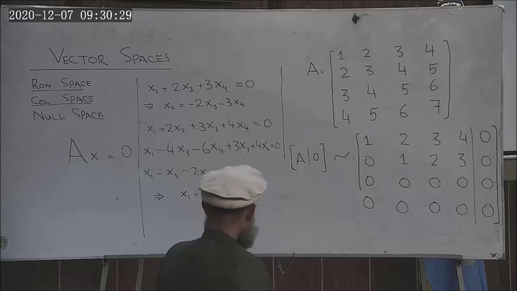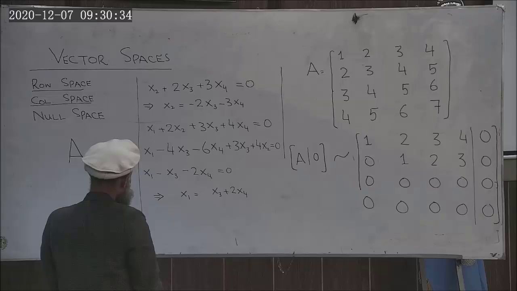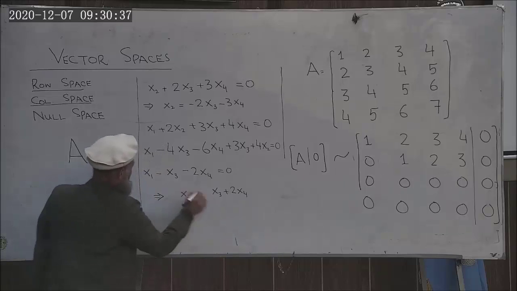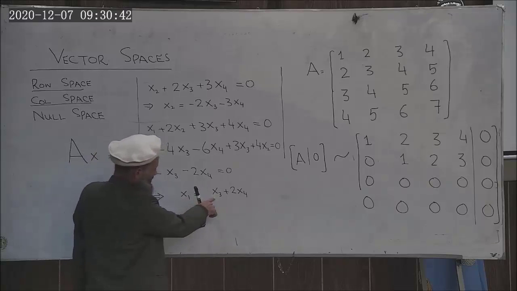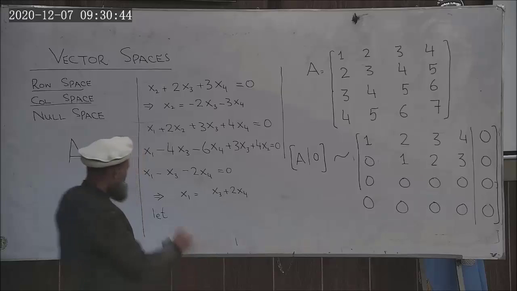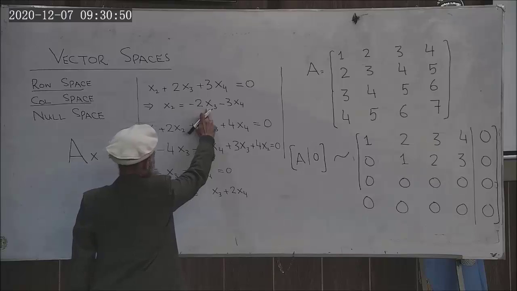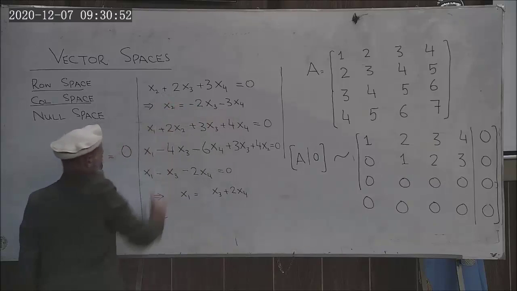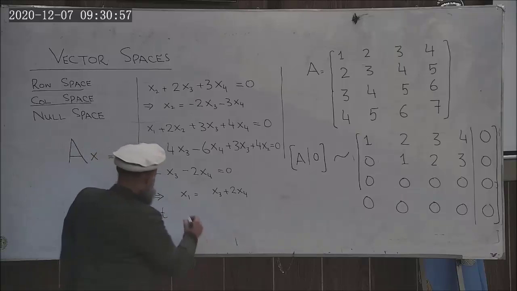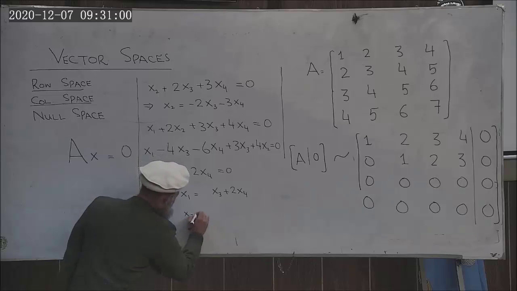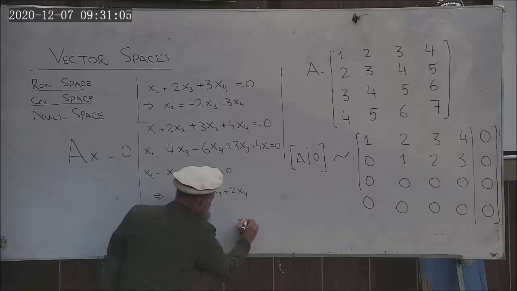So among these solutions, we shall find solutions which are linearly independent. So let's take, here you can take any value of x3 and x4, that will give you a value for x1. Similarly, any value of x3 and x4 will give you a value of x2. So the simplest choice, for example, we can take x3 equal to 0, then what will be the solution vector?